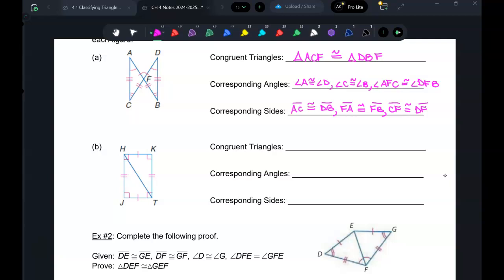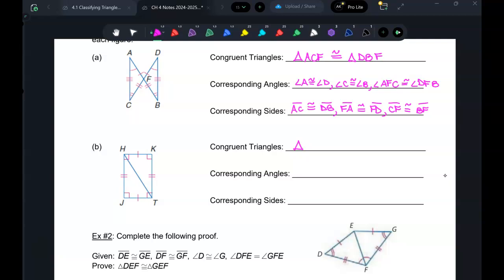Did I do the wrong ones? No, you're right, CF and FB. These two are congruent and these two are congruent. Yes, these two and these two.